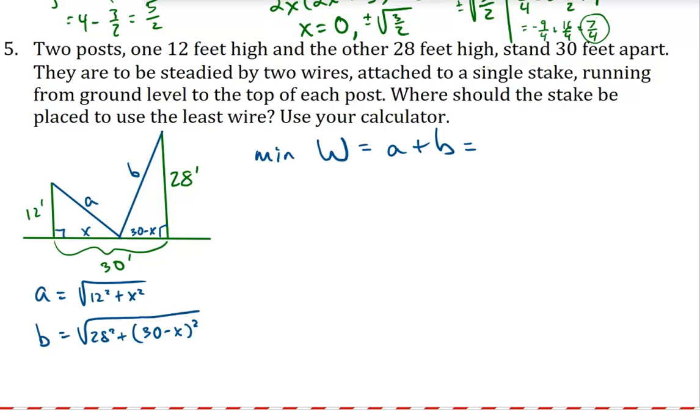And if I was doing this by hand, I would do some simplifying there, like I would expand this, combine the 28 squared and the 30 squared, but I'm going to be using a calculator, so it doesn't really matter. Okay, so minimizing A plus B, which is root 12 squared plus x squared, and then plus the whole quantity, 28 squared plus 30 minus x squared. I do know that 12 squared is 144, but I would rather not make any mental math mistakes if I'm going to be using a calculator anyway.